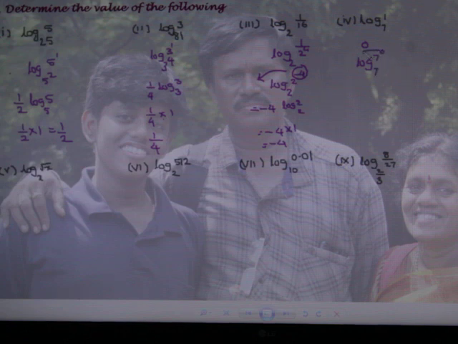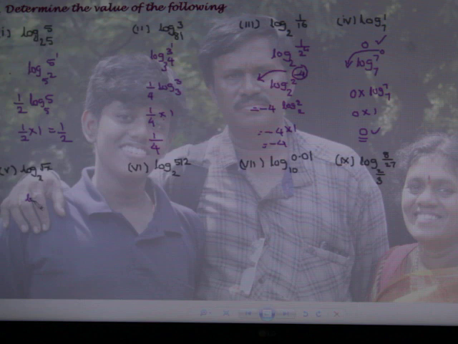The power becomes the multiplier, according to log a power m base a, so it is equal to 0 into log 7 base 7. This is nothing but log a base a, that is 1. 0 into 1 is also 0. Same answer, this one and this one.